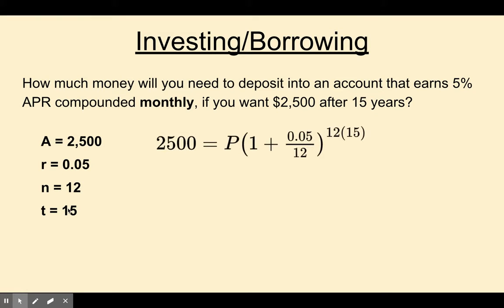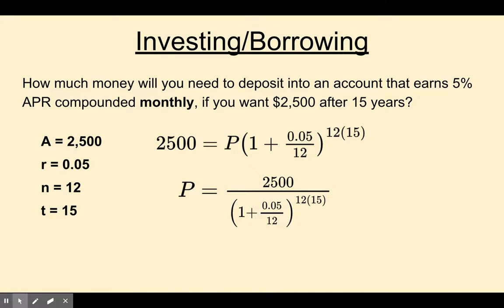This time when I set up my equation, I'm going to have P as the variable instead of A. I want to get P by itself, so divide everything by this. I'm going to show it worked out, but you could easily just get this as a decimal. If you're going to do it as a decimal, go to at least three places. If you're going to round to 2 places for money, you need at least 3 places.